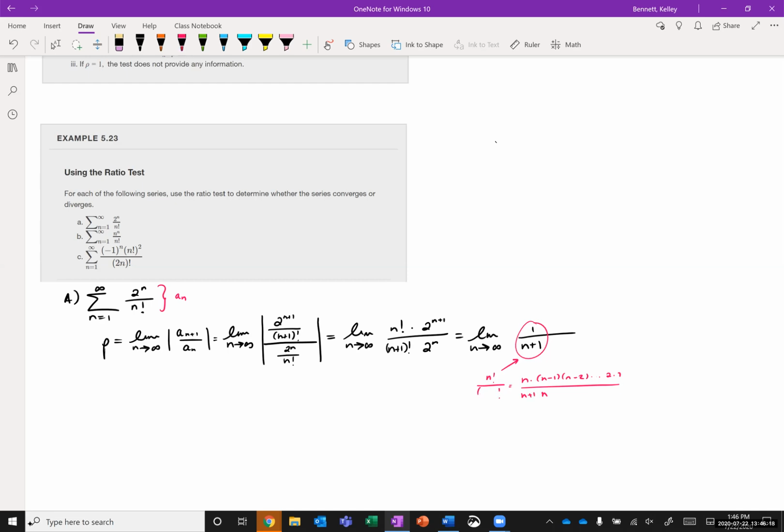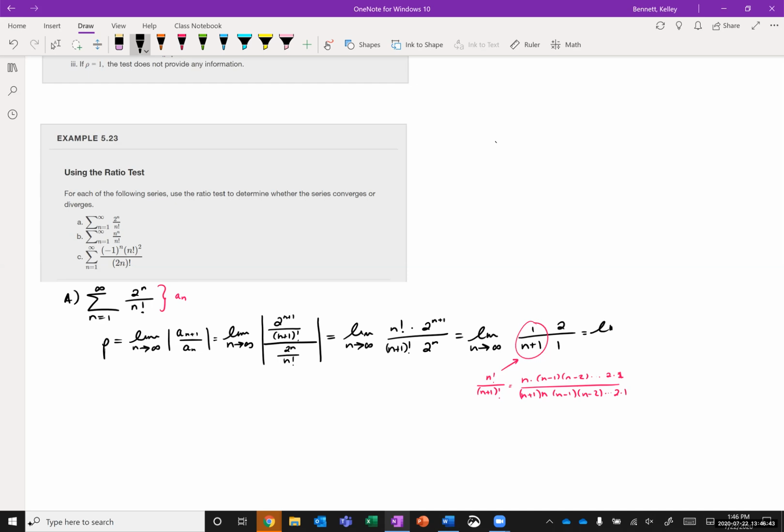Didn't do a very good job writing that. Okay, n plus 1. So you can see that everything cancels out except for that n plus 1 on the bottom. And then for 2 to the n plus 1 over 2 to the n, that's just 2.